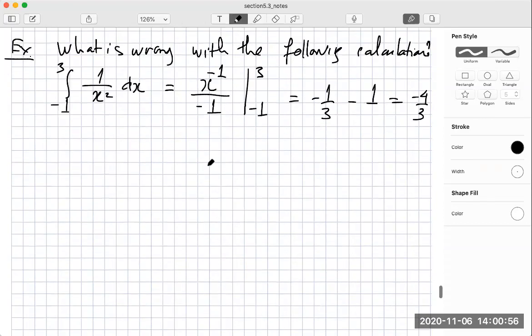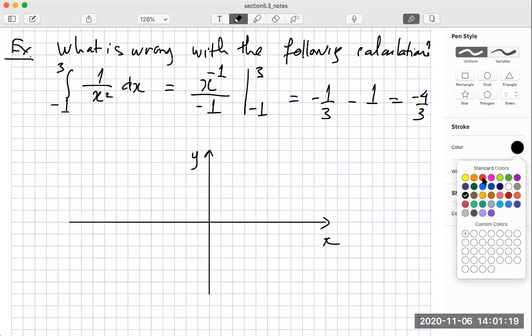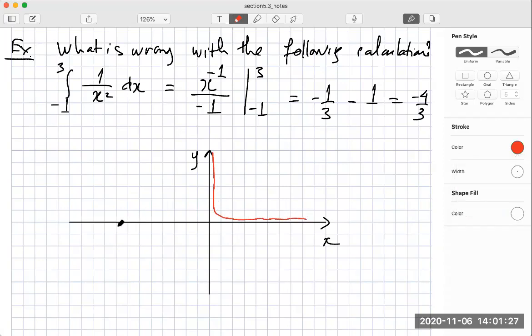Because this function, remember, you can always draw a graph of this guy. Suppose this is the graph of 1 over x squared.